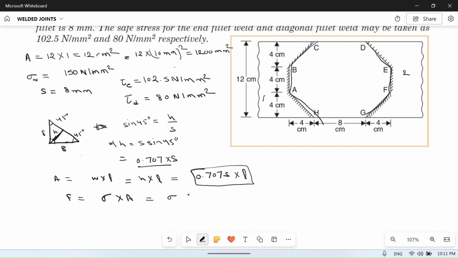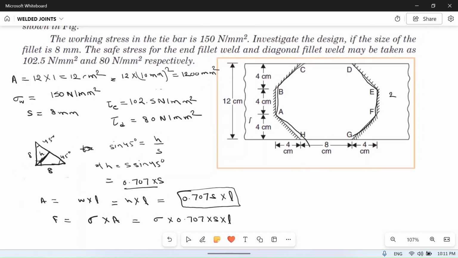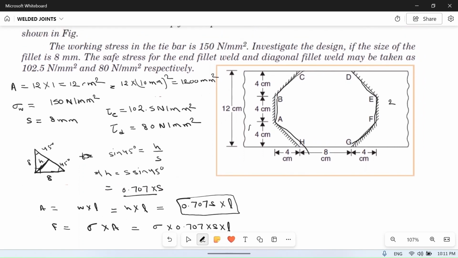So it is sigma into 0.707 into s into L. Now as given in the question, stress is different for these two members. For end fillet, stress is 102.5, and for these diagonal ones, stress is different.